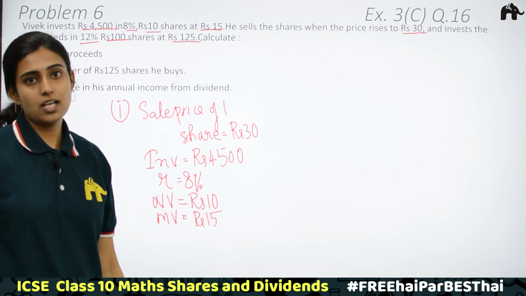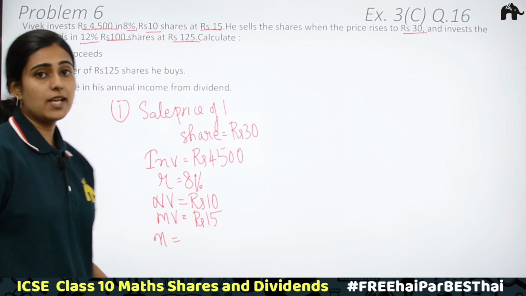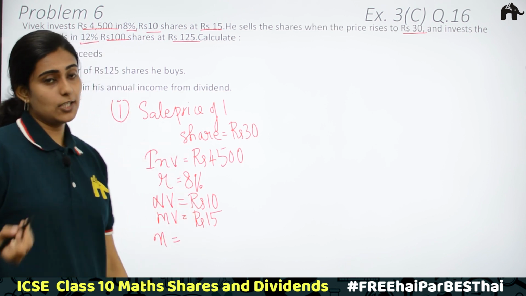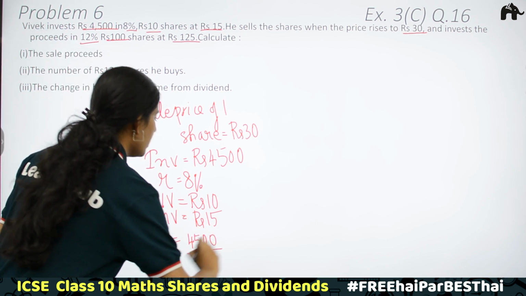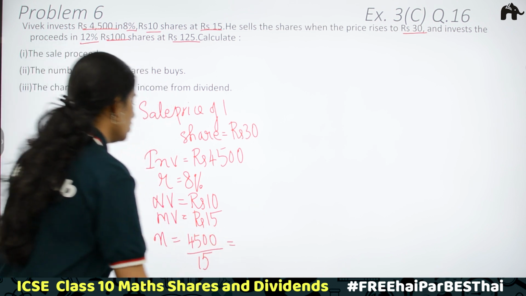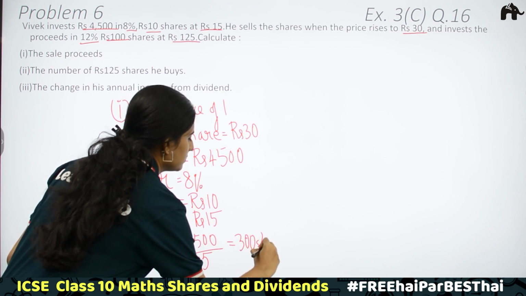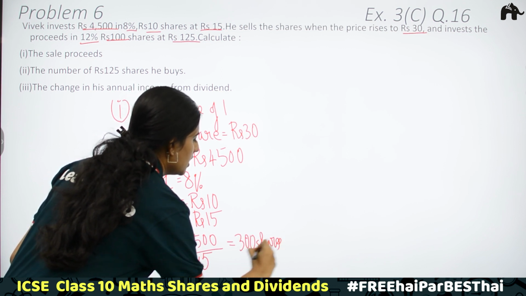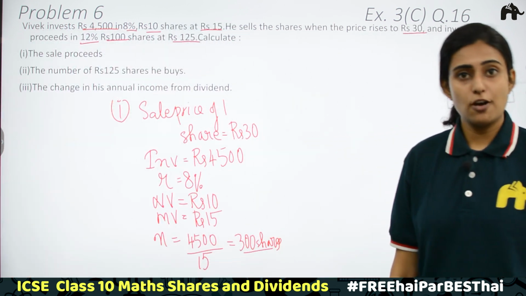We can easily find the number of shares. Number of shares N is equal to investment divided by market value of one share. 4,500 divided by market value, which is 15. You will be getting 300 shares. We got the total number of shares.